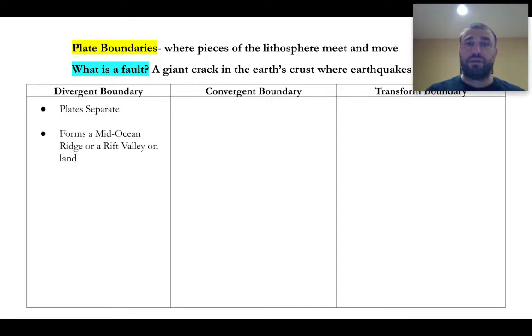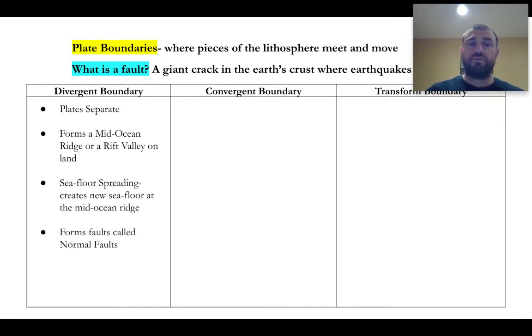So if it's separating, then you're going to have a mid-ocean ridge or a rift valley. So if it's continent moving away from continent, that's the rift valley. If it's moved away far enough that seawater has flooded it, then we simply call it a mid-ocean ridge. This is where the seafloor spreading is occurring, which creates new seafloor at the mid-ocean ridge.